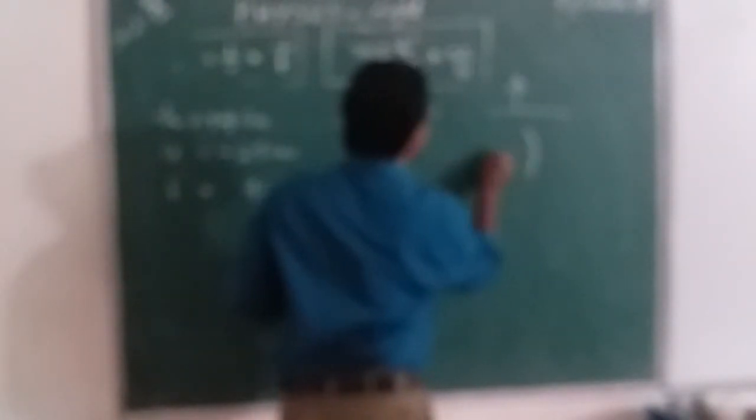And for a concave mirror, here is its focus, so it is a minus. Now, what do we want to find out? We want to find its image distance and its size.